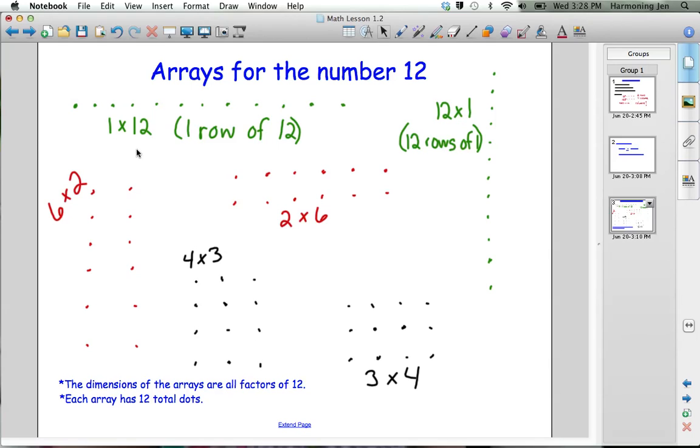So 1, 12, 2, 6, 4, 3. We don't need to repeat them again. 3, 4, 2, 6, 12, 1, we've already said those. Those are all the factors of 12. And then also, we need to remember that each array has 12 total dots. If it's an array for the number 12, then it should have exactly 12 dots.